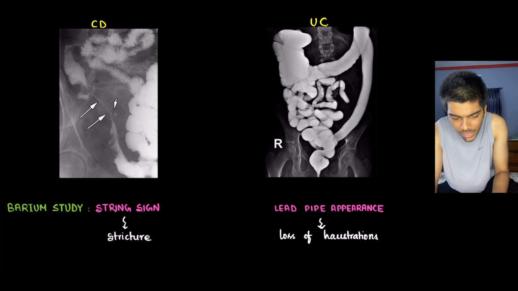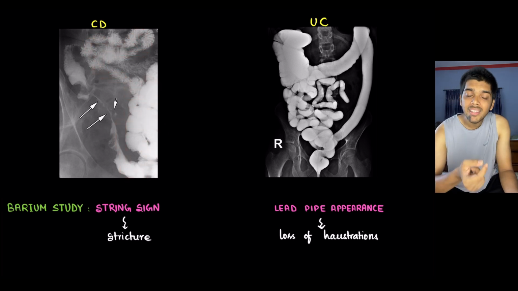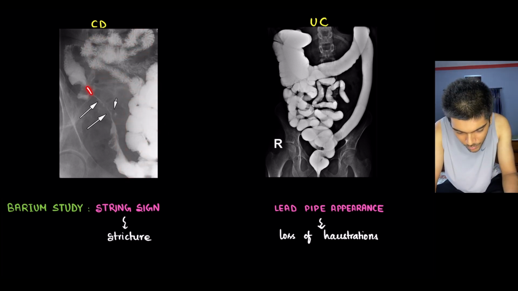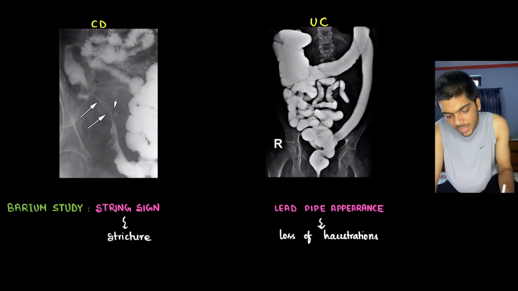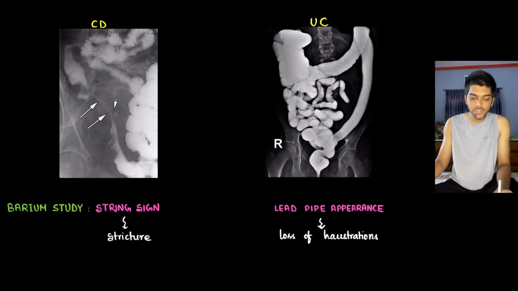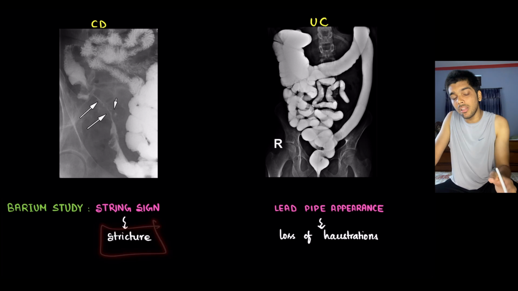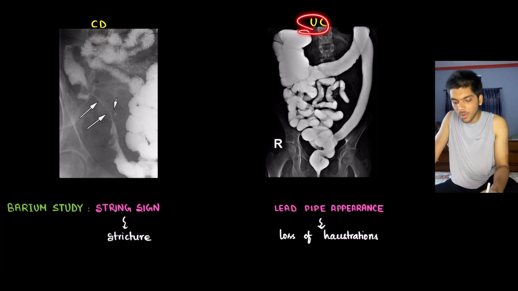Since there is narrowing of the lumen, stricture is present under barium study in the form of a string, and this is the string sign. So string sign under barium study X-ray due to the presence of stricture in the terminal ileum as a result of Crohn's disease.